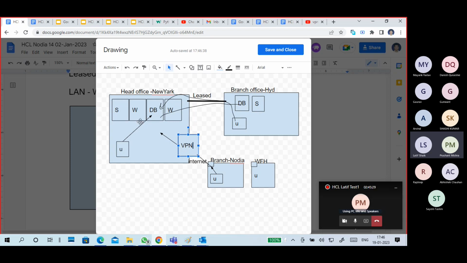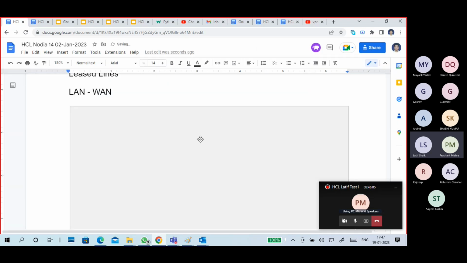Once that is done, it establishes the connectivity between your local network and the office network. It looks like you are connecting to your database servers from a local machine. The same goes for the work from home candidate, who also has internet connectivity, sends a request to the VPN server, and the VPN server gives connectivity.